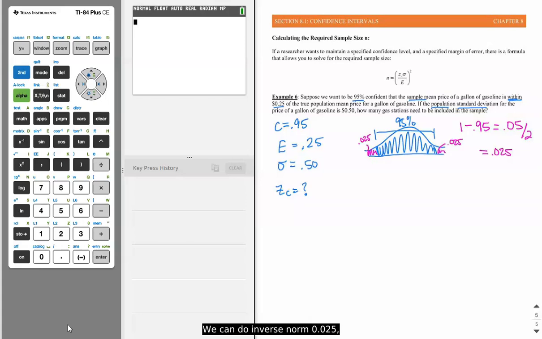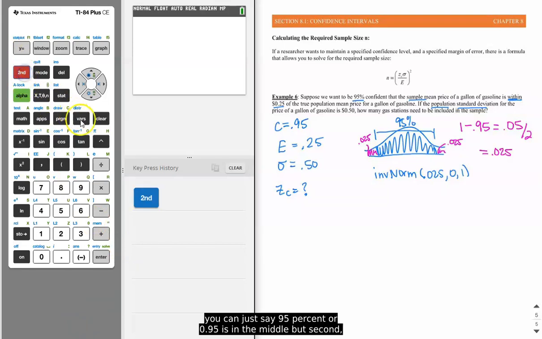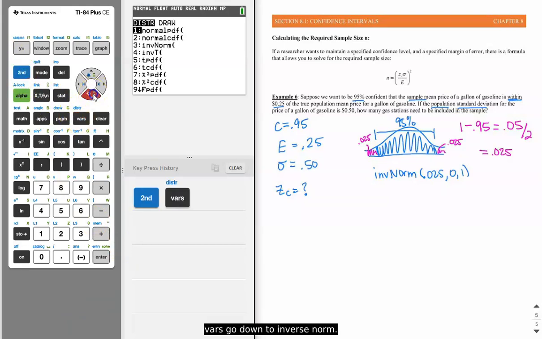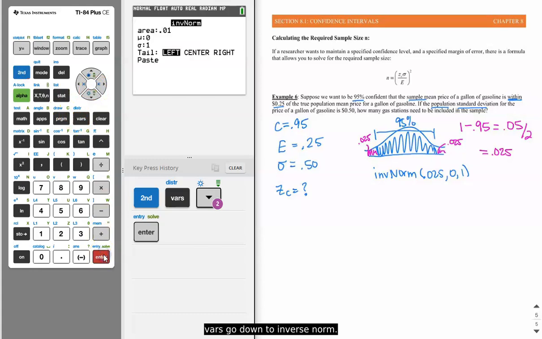So we can do inverse norm of 0.025, 0, and 1. If you have one of the newer calculators, you can just say 95%, 0.95 is in the middle, but so second vars, go down to inverse norm.